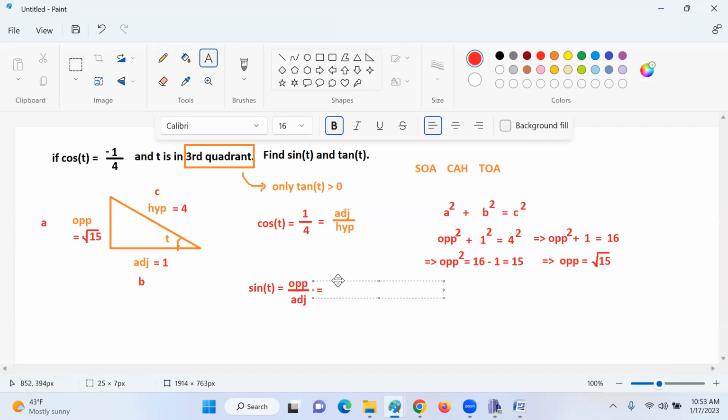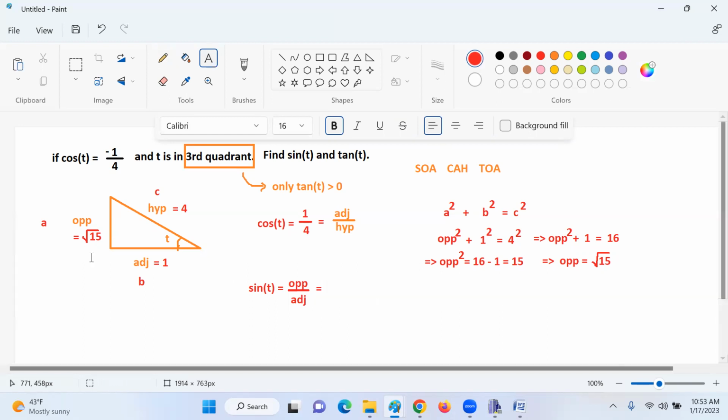The opposite side length that we have is radical 15.